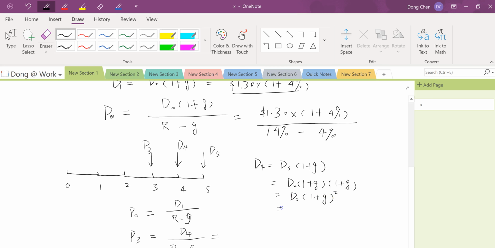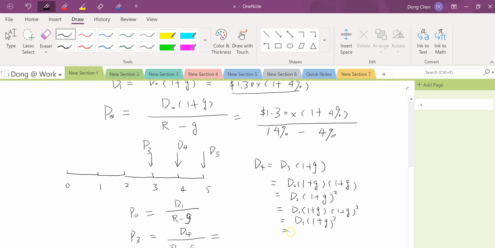But remember, D2, we can further write this as D1 times 1 plus G and 1 plus G squared. So this gives me D1 times 1 plus G cubed.